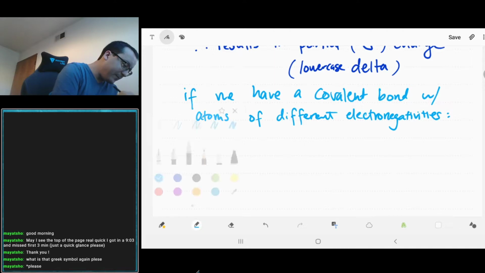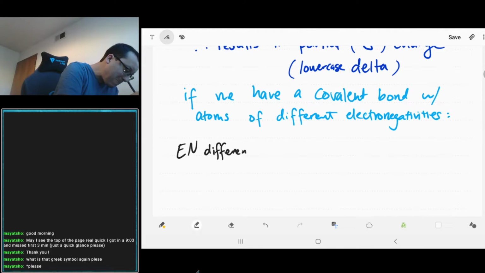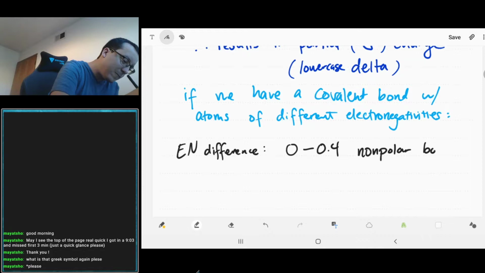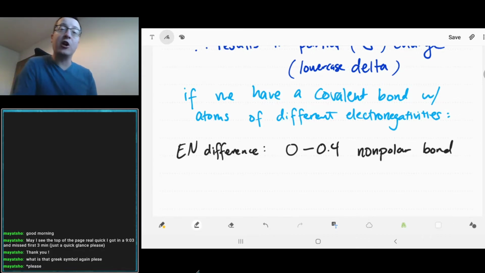So if the electronegativity difference of the two elements we're looking at is between 0 to about 0.4, we usually will define that as a nonpolar bond. Nonpolar means these elements are close enough in electronegativity that they're not really going to have an unfair sharing of electrons. They're going to be pretty close to sharing them equally. And as a result, we're not really going to have these partial charges on those.